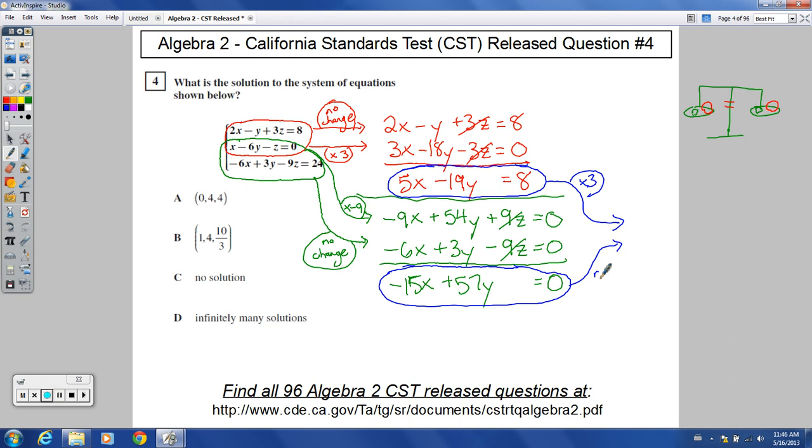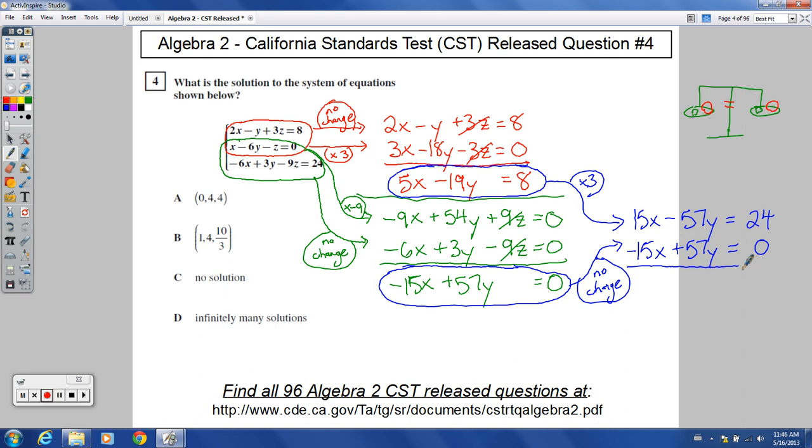This one, no change. If I do that, I'm going to have positive 15x minus 57y equals 24. And then down here, negative 15x plus 57y is equal to, this is still going to be 0.